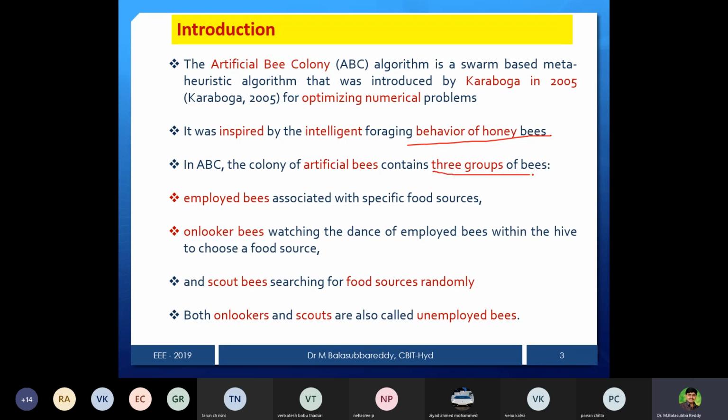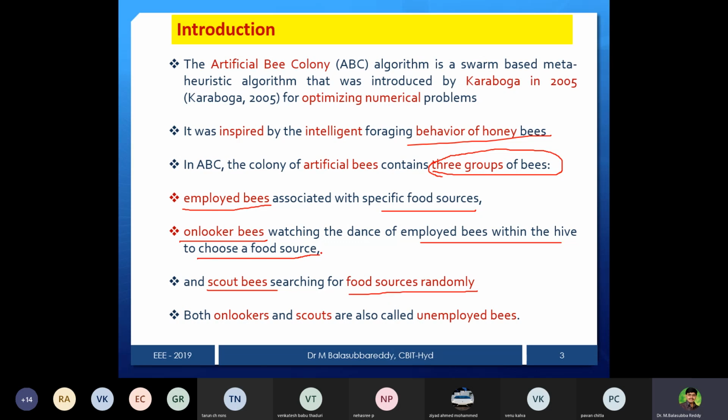So there are 3 groups of bees. The honeybees are divided into 3 groups. There are employed bees associated with specific food sources, and onlooker bees watching the dance of employed bees within the hive to choose food sources. And the last one is scout bees, searching for food sources randomly.